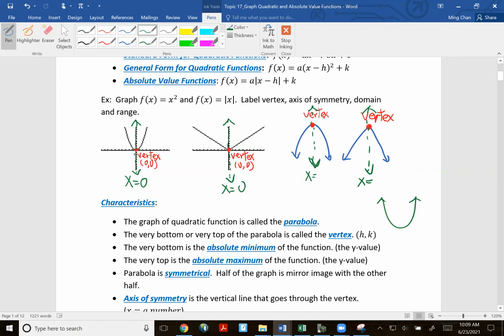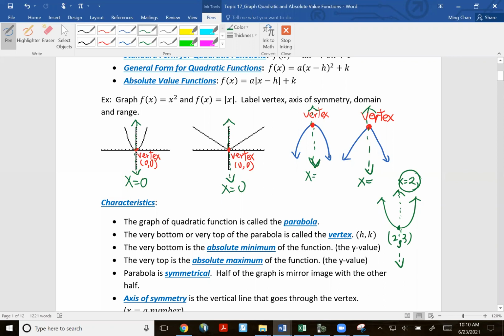But if the vertex moves to, let's say, 2 comma 3, then your parabola is symmetric to its axis of symmetry. If the vertex moved to 2 comma 3, then the axis of symmetry, that vertical line that cuts the parabola in two halves, has the equation x equals 2.